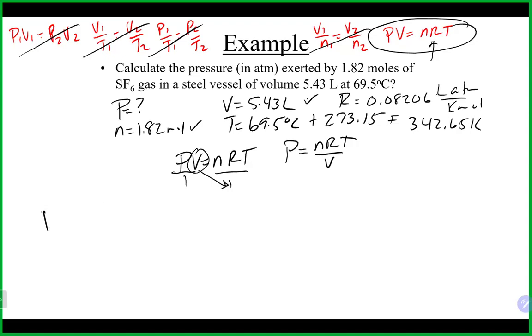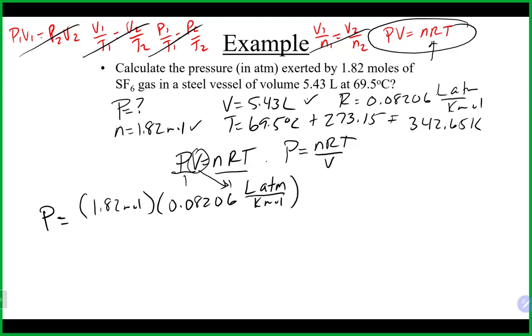Now we can put everything in, so our n, which is 1.82 moles, our R, which we always have, 0.08206. Again, this has all the units there, and if you're ever not sure what everybody else needs to be in terms of units, the R tells you what everybody has to be in. If you remember the units to go with R, that's what everybody else in this formula has to be in, so that everything cancels correctly.